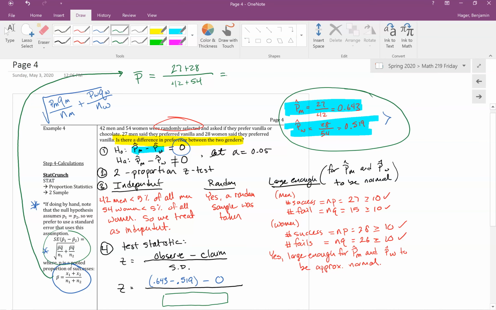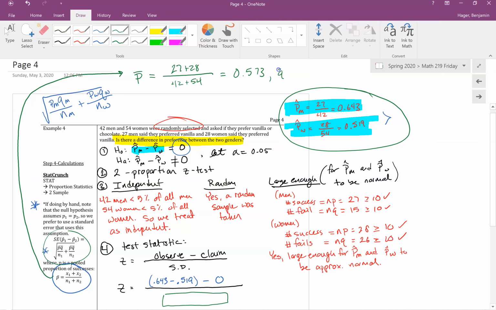And what is that going to be? That is 0.573. So that is the percentage of people that prefer vanilla, men and women combined.